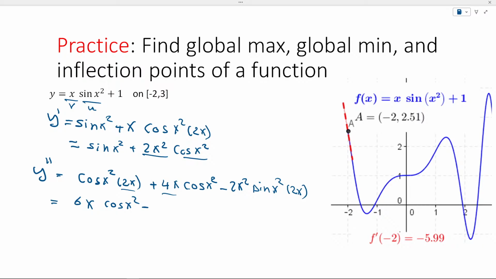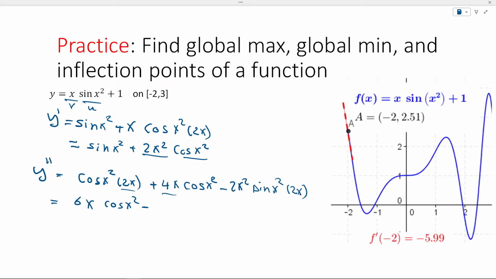Did I make a mistake here? Let me see what I did here. So here, that would be minus 2x times sine x squared times 2x.